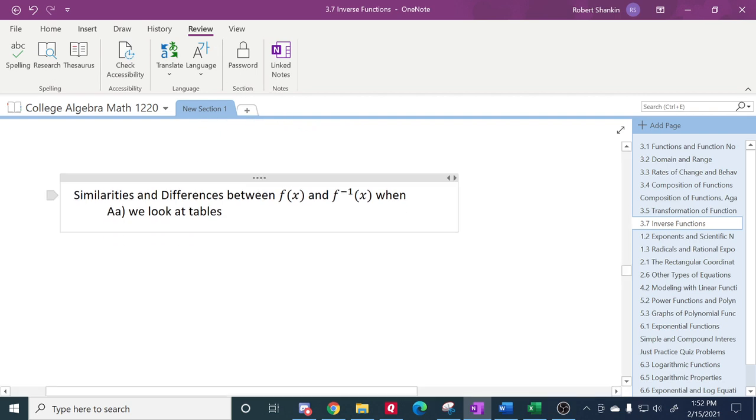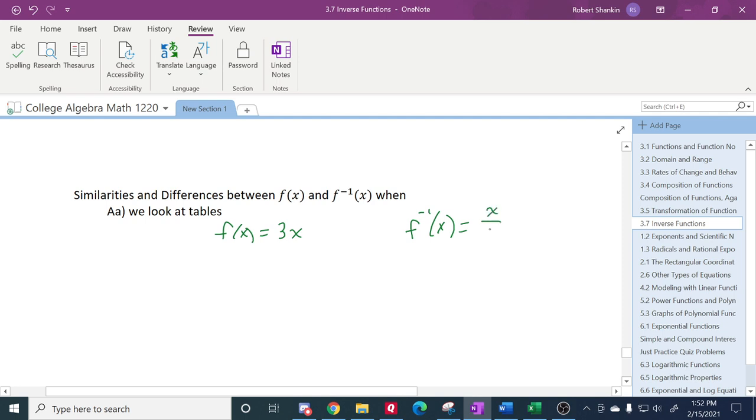It doesn't take much to see it. Suppose I saw f of x as tripling. The inverse function would be making something 1/3 as long. So multiplying by 3, dividing by 3.